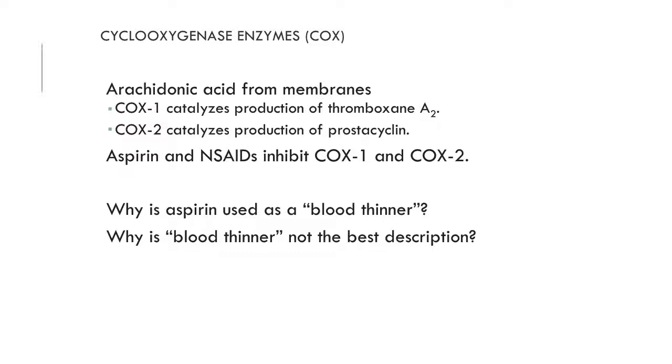Well, it's not making the blood any thinner. What it's doing is inhibiting the platelet aggregation so that the platelets don't form a clot. So, really, it's not thinning the blood, just like warfarin and heparin are not thinning the blood. It's just making it so that it doesn't form a clot.